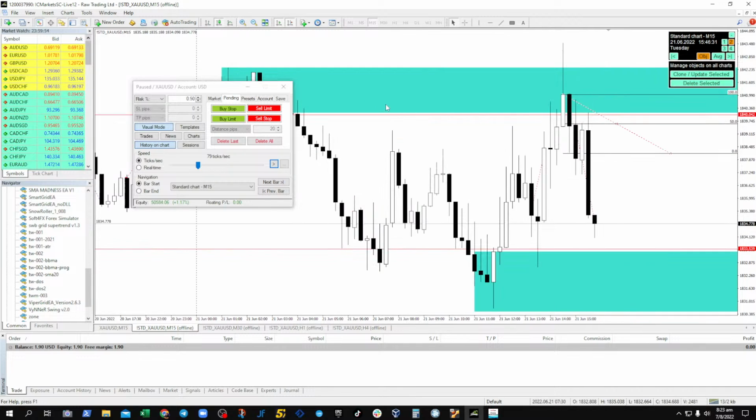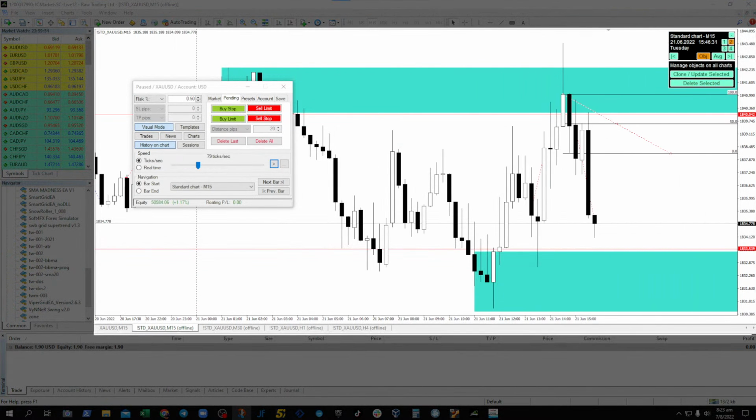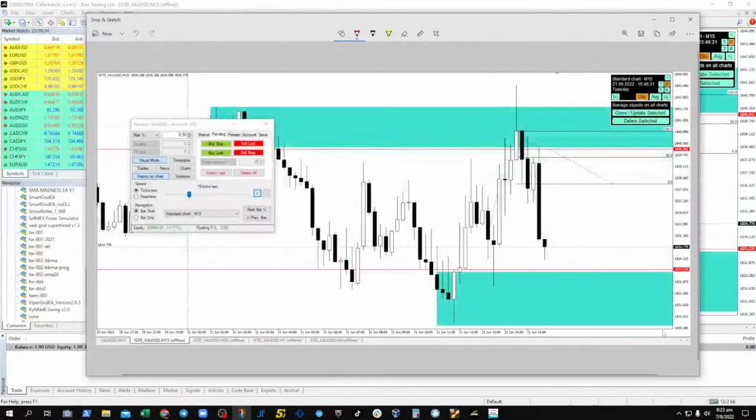Okay, I'm going to mark it on M15 so that I can explain the trade setup. Okay, this is number one. This is a pin bar. The pin bar rejects the zone, which is the H4 zone.